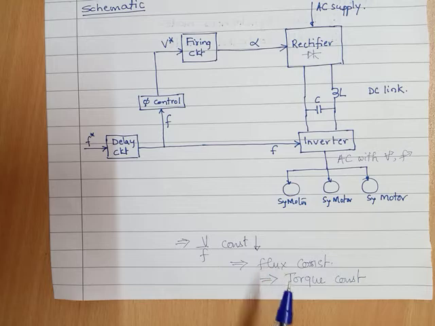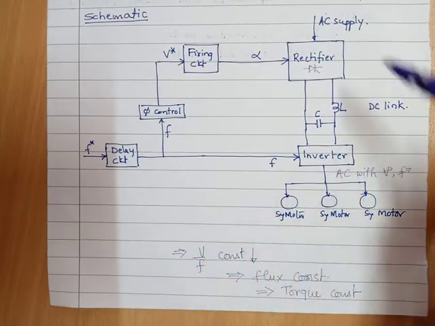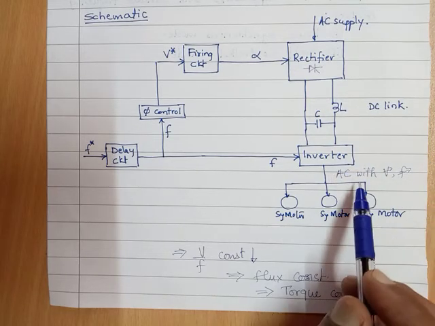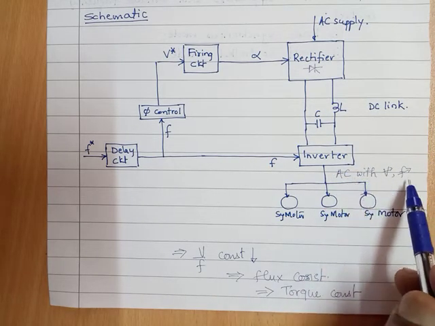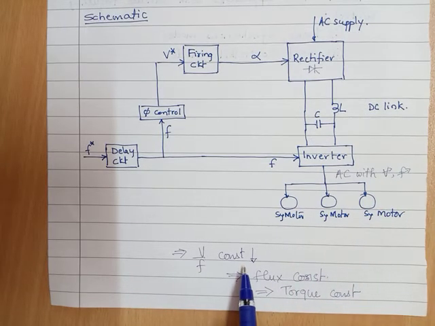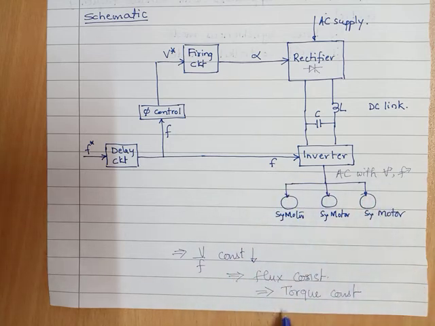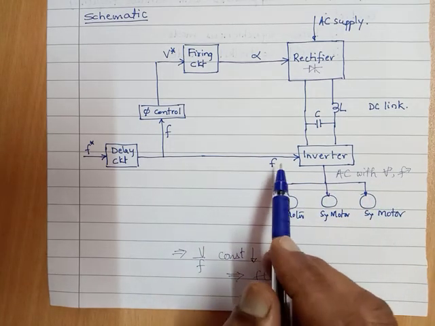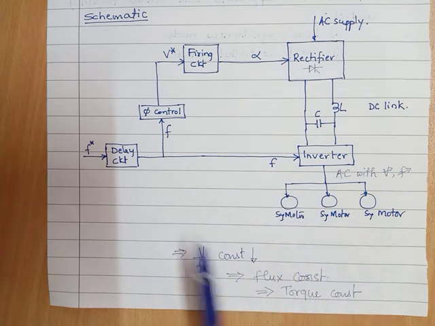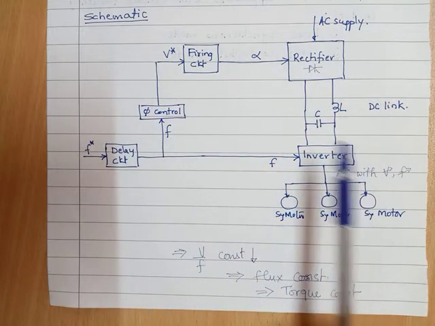So here we have the power path wherein AC to DC, DC to AC with the required voltage and frequency such that the V by F ratio is constant. Whenever we change F, V is also changed, maintaining torque constant. With the change in frequency, we get a change in the speed. Look at the scheme again.